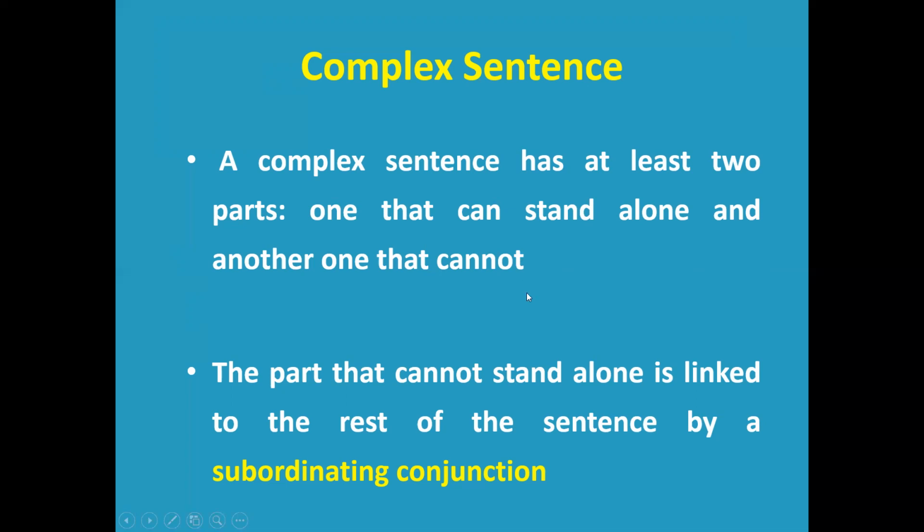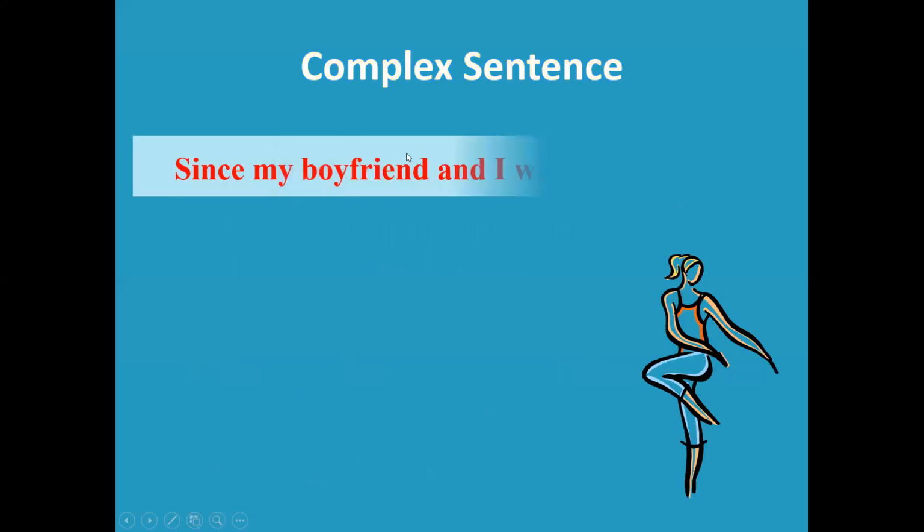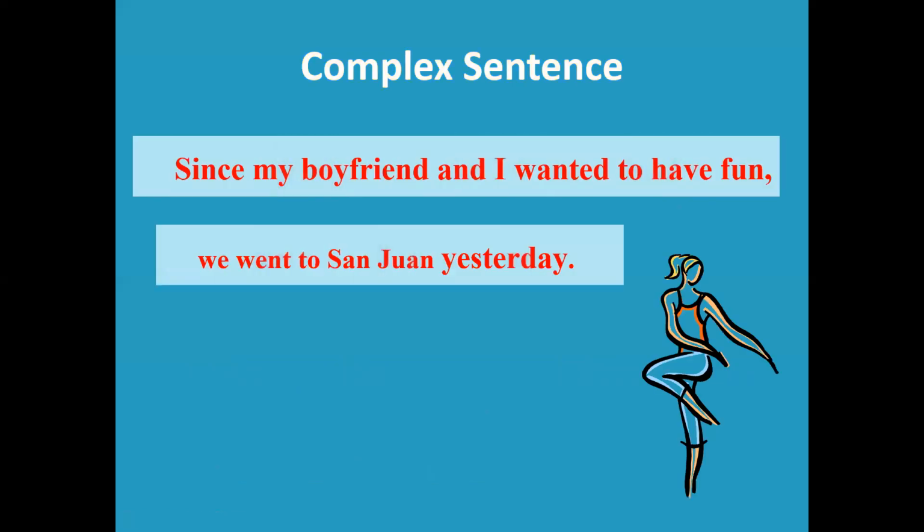Means one is a main clause and another one is a subordinate clause. The part that cannot stand alone is linked to the rest of the sentence by a subordinating conjunction. Means in the compound sentence, we use a coordinating conjunction, and in the complex sentence, we use a subordinating conjunction. Okay. So this is a very important thing about the complex sentence.